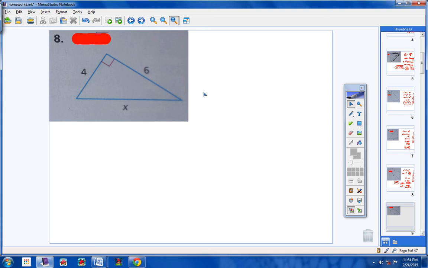Okay, we have a leg that is a 4. We have another leg, this is 6. And our hypotenuse is an x. Right? 4 times 4 is 16. 6 times 6 is 36. Add these two numbers together, you get a 52. Take the square root of both sides, and the square root of 52 equals the square root of x squared, which is x, okay?